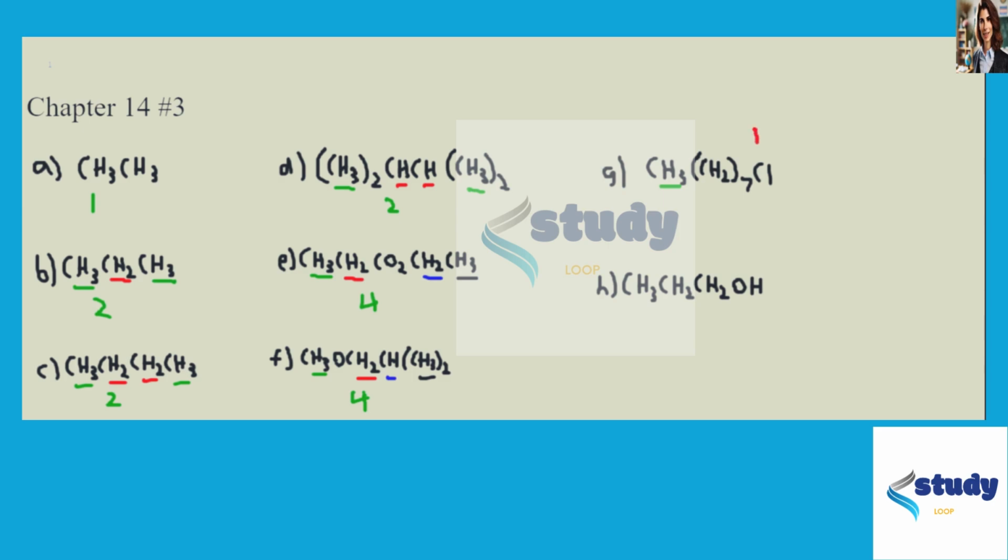The presence of this chlorine means that each of these CH2 groups is different, because the first CH2 group will be adjacent to the chlorine, and then the next one will be one away from that, and then one away from that, and so on and so forth. So the answer here is actually going to be 8 signals.